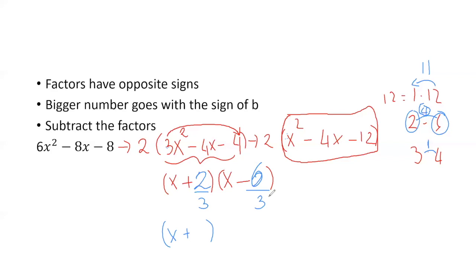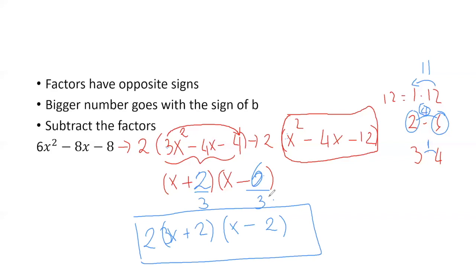So I need to get rid of the fraction. I kick the number 3 up front. It becomes 3x plus 2. And then 6 divided by 3, I'm able to simplify this one. 6 divided by 3 is 2. So I rewrite x minus 2. Then rewrite the 2 from originally. So my final answer is this.